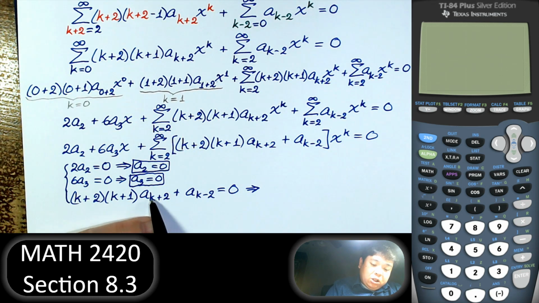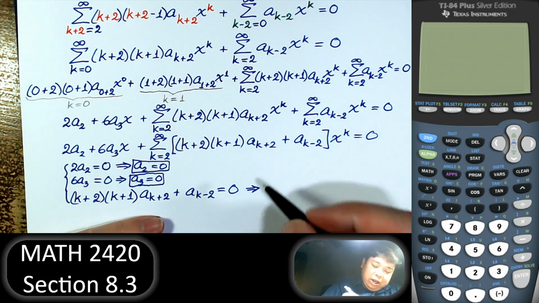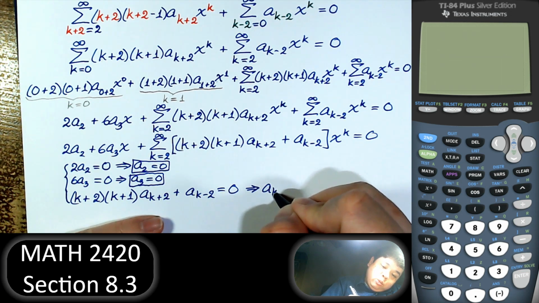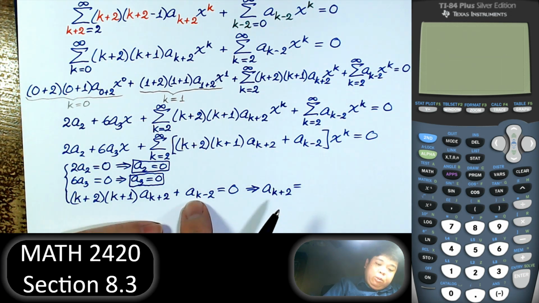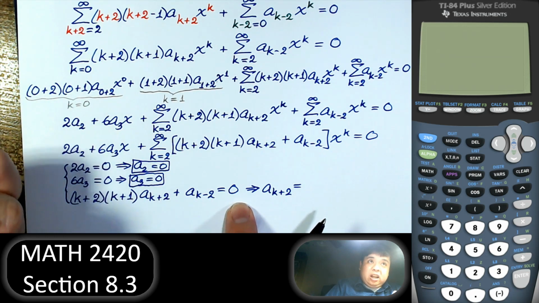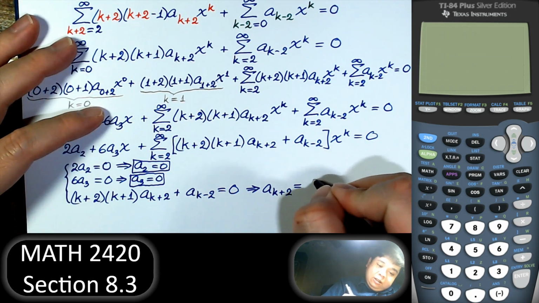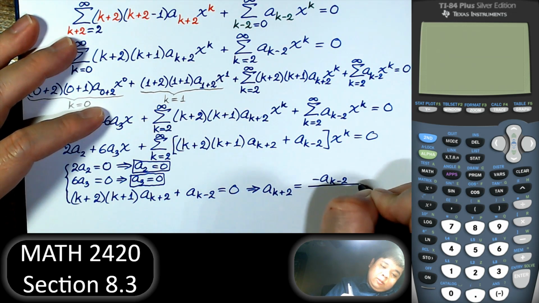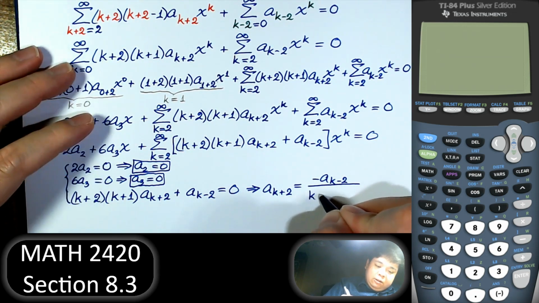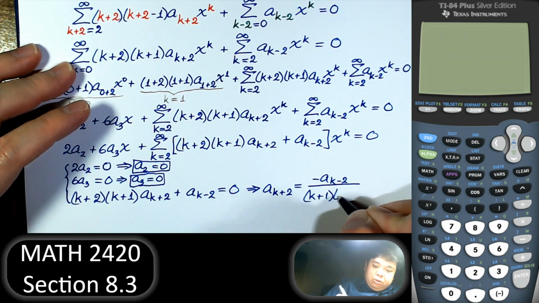We have a of k plus 2 and a of k minus 2. If we solve for a of k plus 2, we solve for the bigger index. We move this to the other side, becomes negative, divided by k plus 1 times k plus 2.